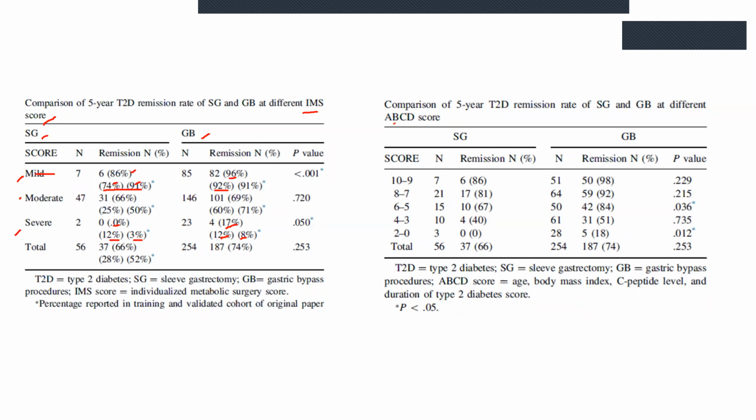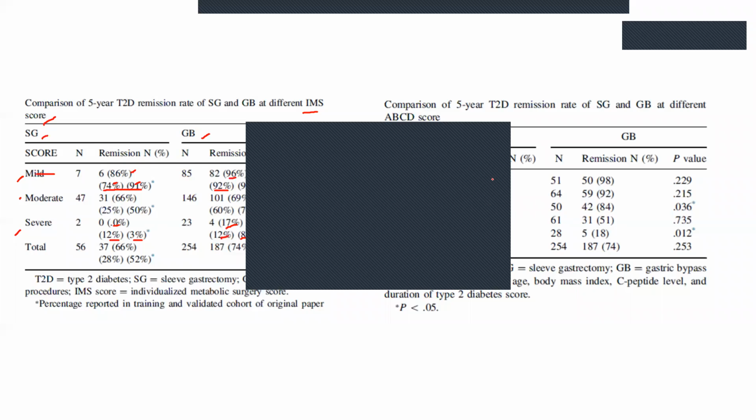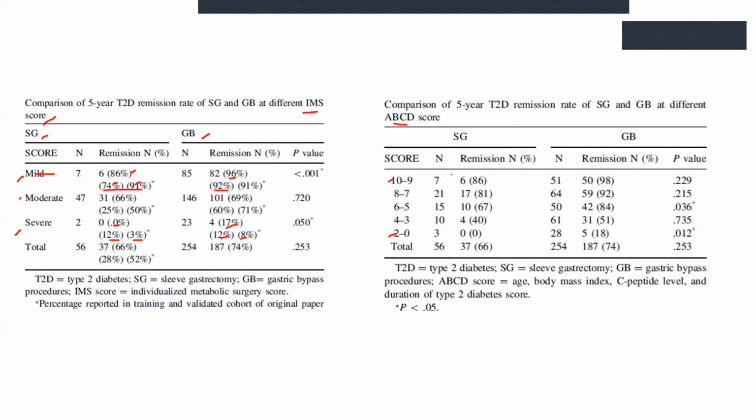When it came to the ABCD score, in case of sleeve gastrectomy, those with scores of 10, 9, 8 had 100% remission according to the original paper, and those with 0 or 2 had around 30 to 40% remission. In this study for sleeve patients, the remission was 86% in the highest score group, and in the 0 score group, it was 0%.